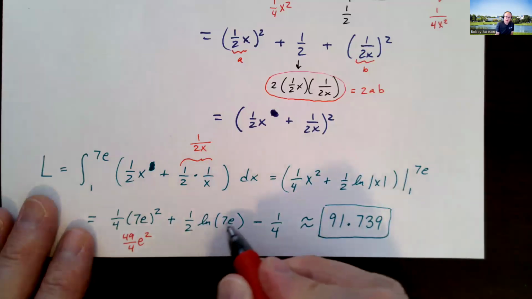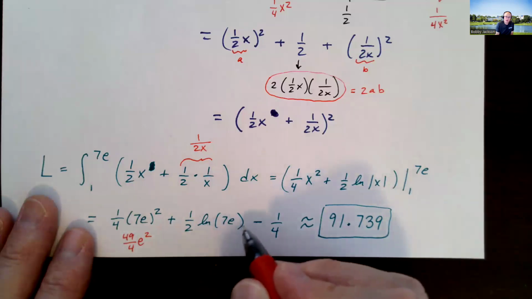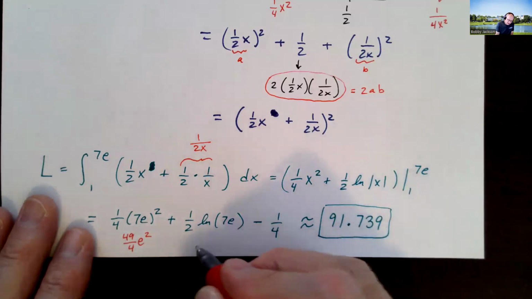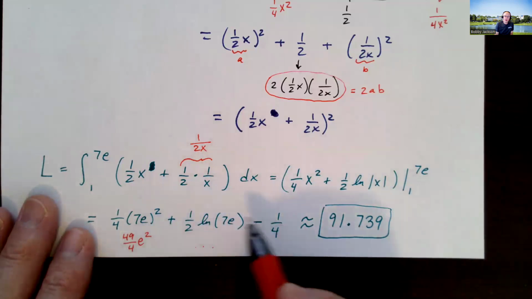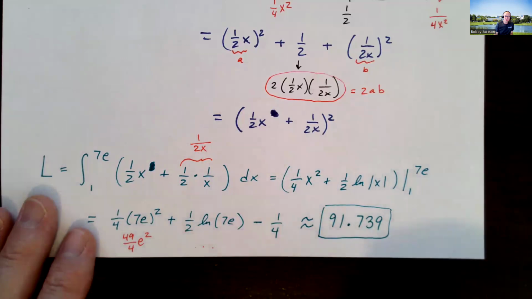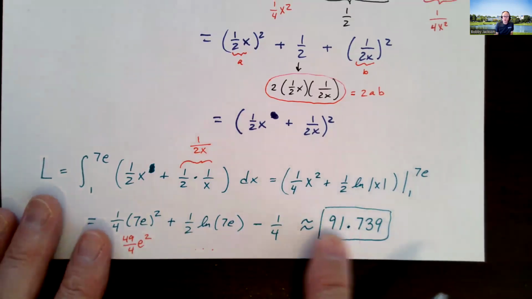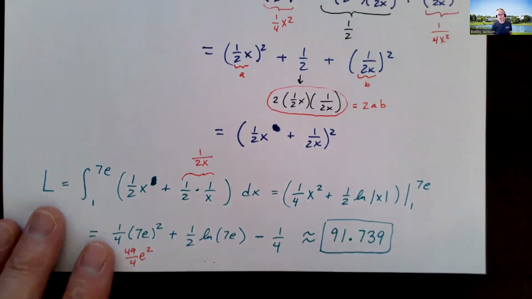I could use a property of logarithms to write this as the natural log of 7 plus the natural log of e, which is natural log of 7 plus 1. So I could do some more simplifying, I guess. Again, if you get to this point for me, I'm happy. Of course, you can approximate it, and that's a good idea if you're looking at this function graphically, and you can see, is this a reasonable value for the length of this curve over the given interval?